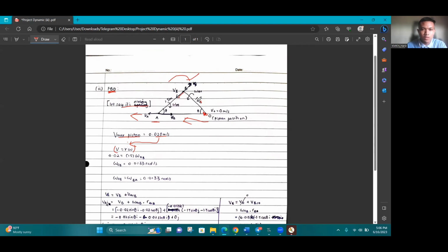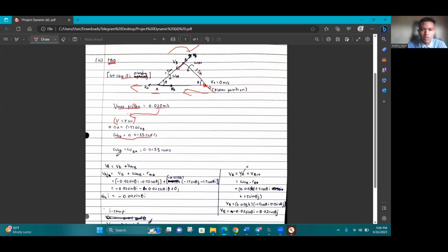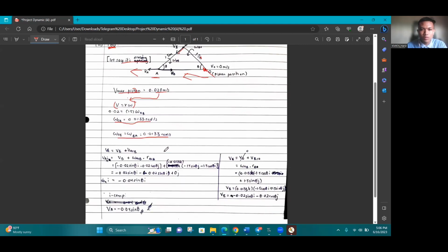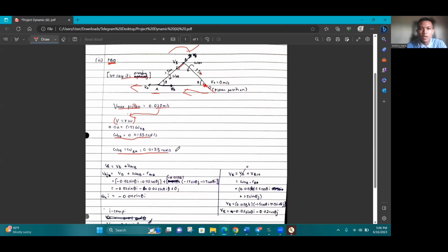Inserting this value into the equation, we finally get omega OB is 0.0133 radian per second. Knowing that the two bodies of this gate are from the same piston power, I'm assuming that the angular velocity is the same. Omega of OB and omega of AB is 0.0133 rad per second.